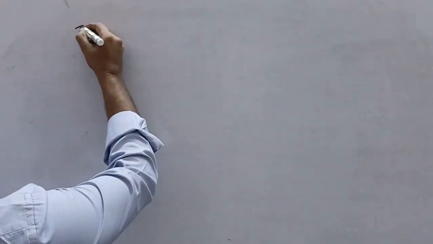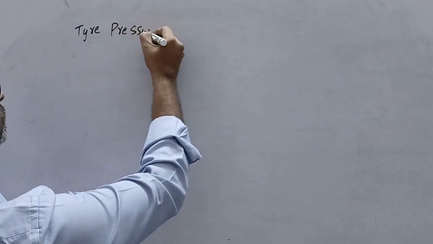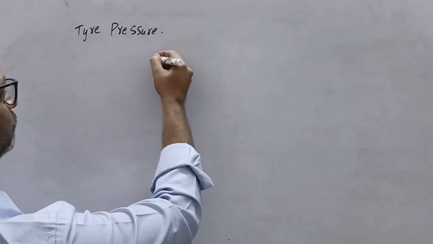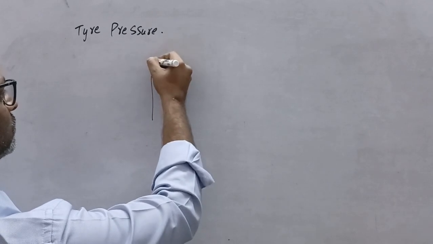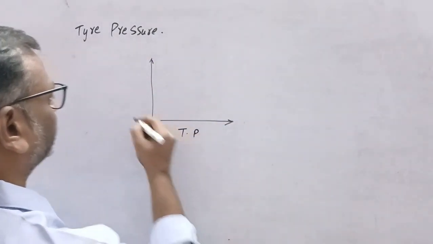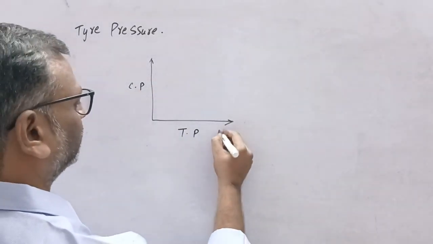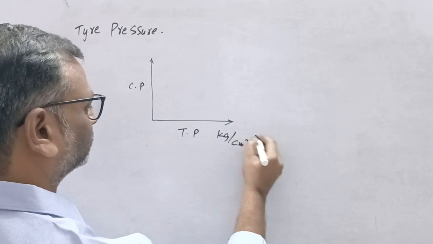Now I will discuss tire pressure and contact pressure. Suppose we draw a graph between tire pressure and contact pressure, in kg per centimeter square.